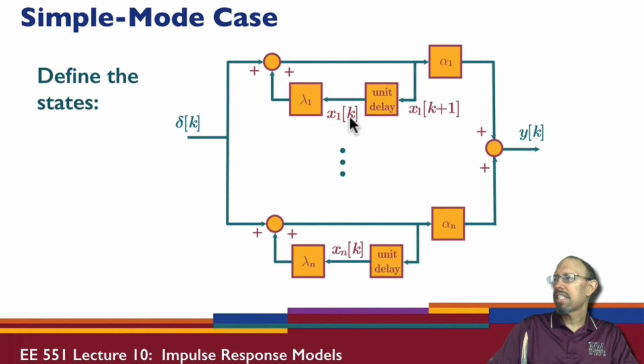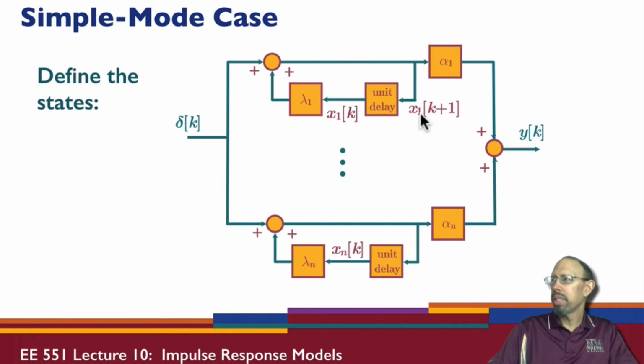So notice that if this is x1 at time k, then this signal on the other side is x1 at the next time. Okay, that is, this signal, after it gets delayed, becomes this signal. And so even though it looks non-causal because we're actually looking ahead, the way the loop is defined, we actually know what the next value of x1 will be.